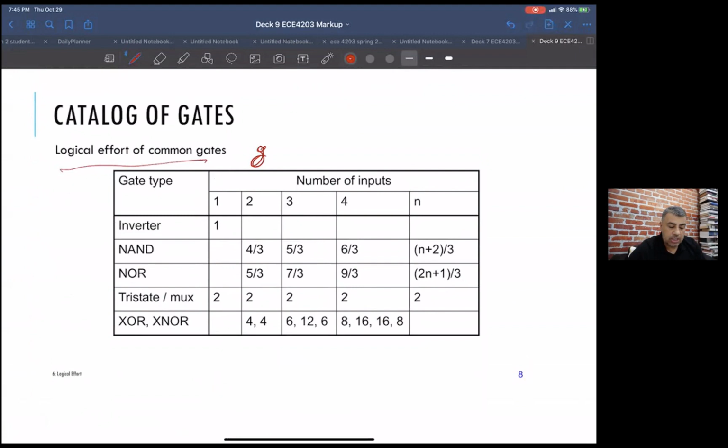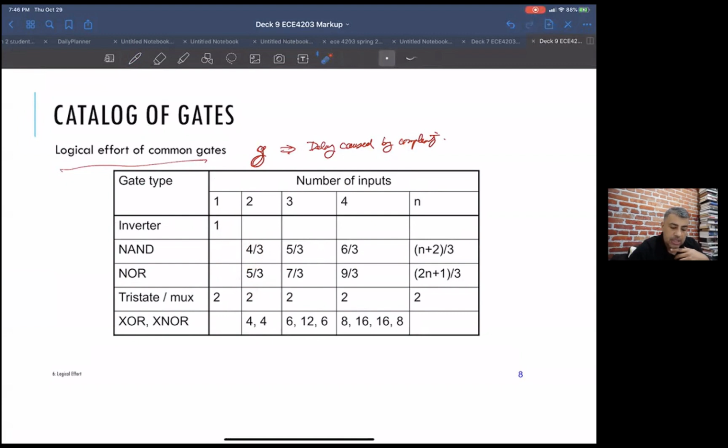So G represents the delay caused by the complexity. I mean, so does the P, but anyway, it's just one way to look at it. It's all referred back to an inverter, 1. So you can see a NAND gate, and the interesting thing is how much worse a NOR gate is than a NAND gate.